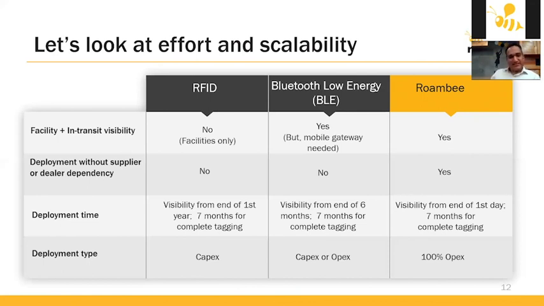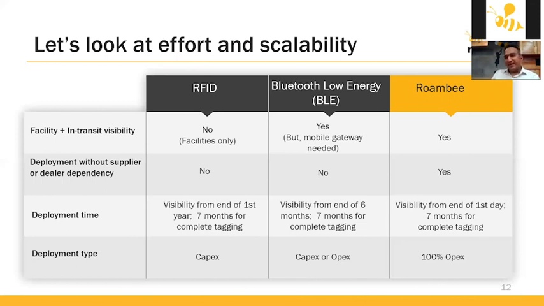But this is where things get very interesting with a technology like Roambee. Firstly, there is absolutely no infrastructure requirement in any of these facilities. You only need to tag your containers. The second thing is you have no site visits to any facility because you're not setting up anything out there. So you can get going from day one.